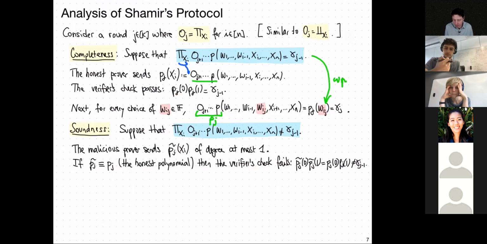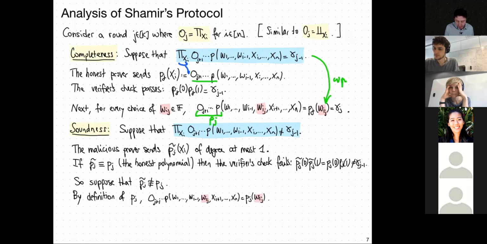So pj tilde of 0 times pj tilde of 1 won't equal gamma j minus 1, because the honest one doesn't. This is the stupid prover: if it sends pj, the verifier will always reject. So let's say the prover sends something else, some pj tilde that is not pj.